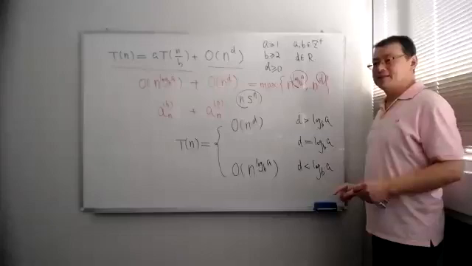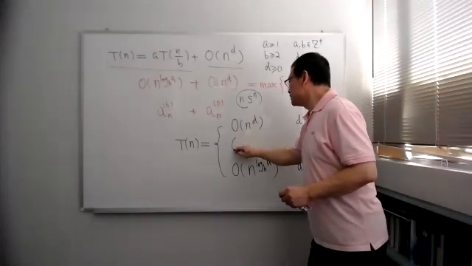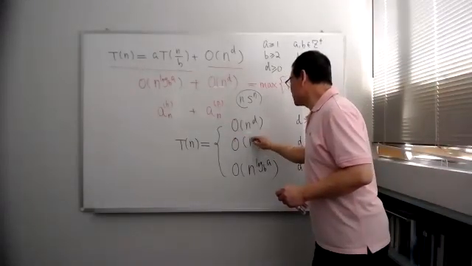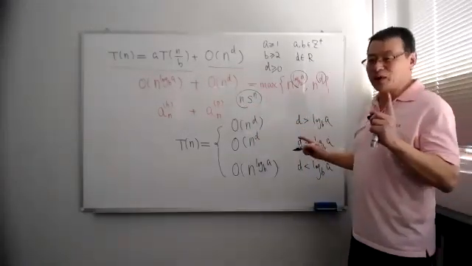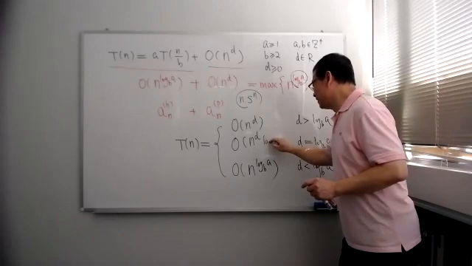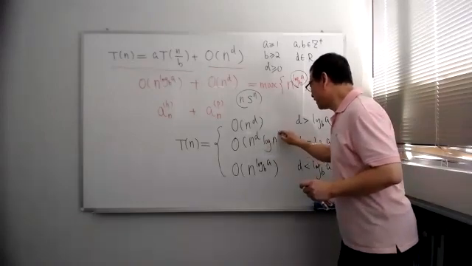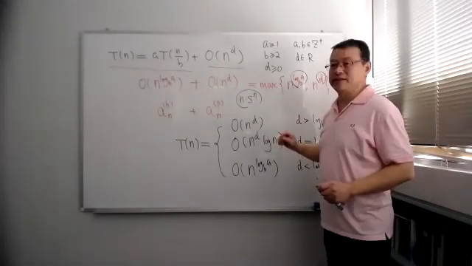For this part, the same thing happens, so it will be n to the power d multiplied by log n. It's not n; later I will tell you why it's log n. Actually, this log n is the same as n.